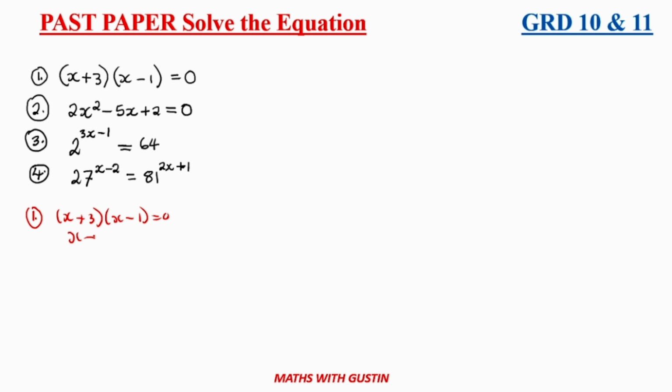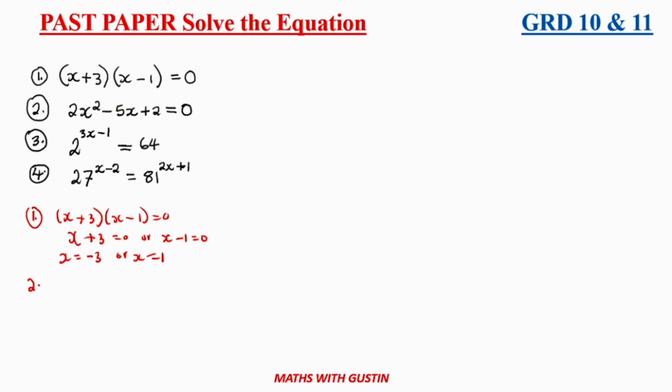It's going to be x plus 3 is equals to 0, or x minus 1 is equals to 0. Here we solve for x, we take 3 to the other side, is going to be negative 3, or x is equals to 1. Right, simple, straightforward, guys. You just have to equate each equation is equals to 0, therefore you solve for x.